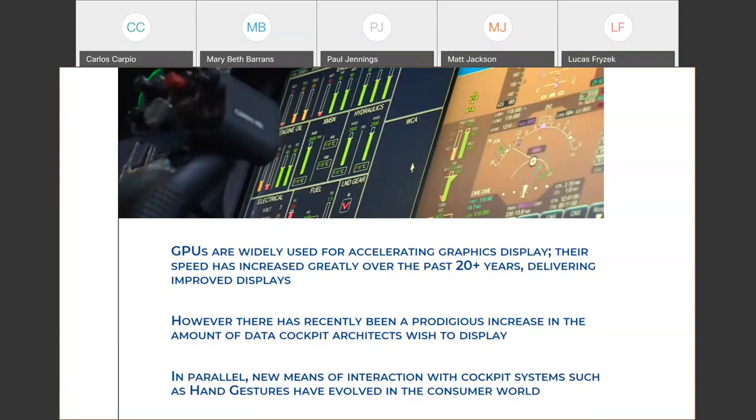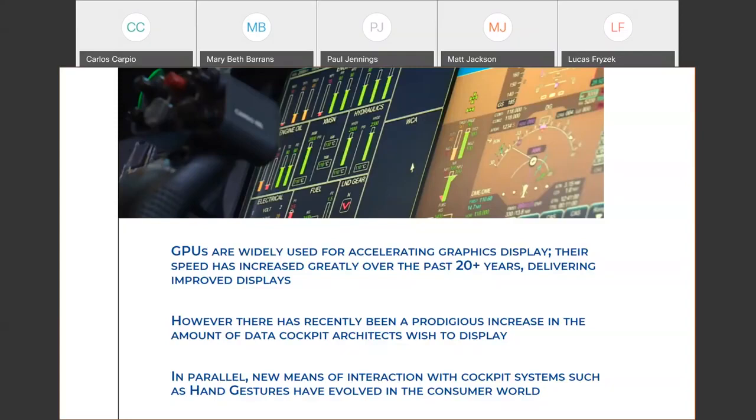There have also been new ways of interacting with cockpit systems developing. We're going to talk through this presentation taking an example of hand gestures, where people basically wave their hands or form gestures in front of the screen, not actually touching it. Again, that started in the consumer world, and it's moving into safety-critical and mission-critical systems. There are other new techniques for interaction that are also becoming important.